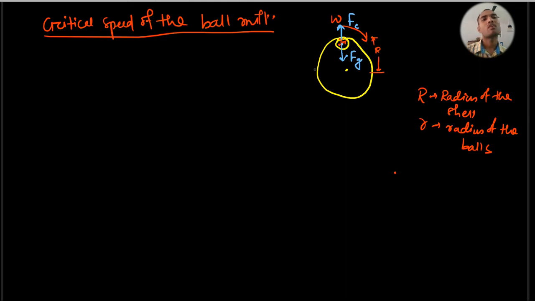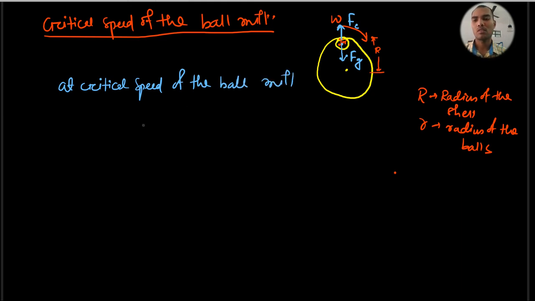Fg. Now at the critical speed, what happens? These two forces will counterbalance each other. So when they counterbalance each other, what happens? When the forces are balanced, there will be no net movement of the ball. So at the critical condition, we can write: at critical speed of the ball mill, the net force will be 0.